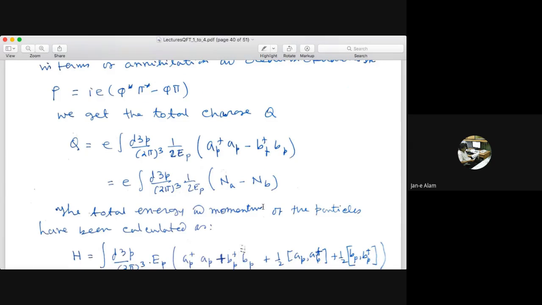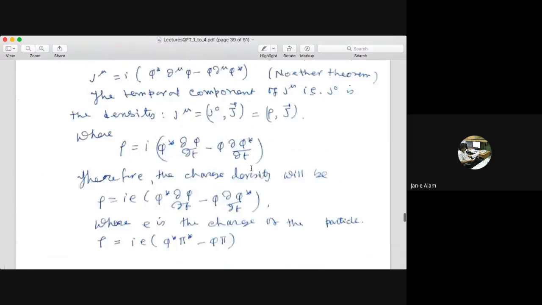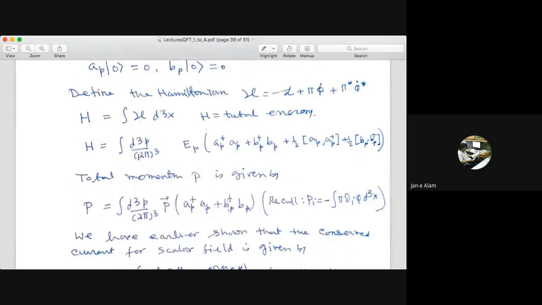See, this is a very interesting result. Go back to the Hamiltonian: it's very interesting that in the Hamiltonian, the A and B kind of particles are just adding up. The number operators are N_A plus N_B. For the momentum also, the operators add up. Because in energy and momentum, suppose you have a system of particles with different kinds of charge.